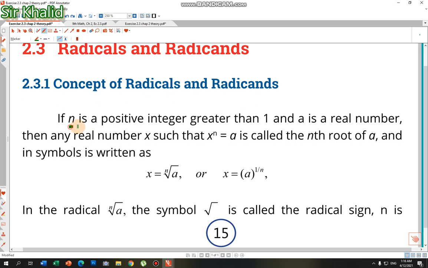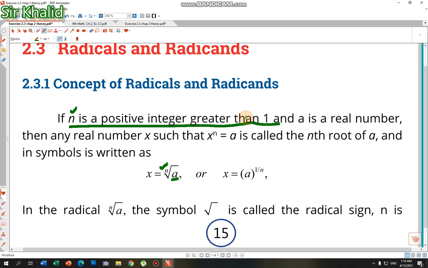If n is a positive integer greater than 1 (positive integers are also known as natural numbers), here is the condition: this n is the index for this radicand.